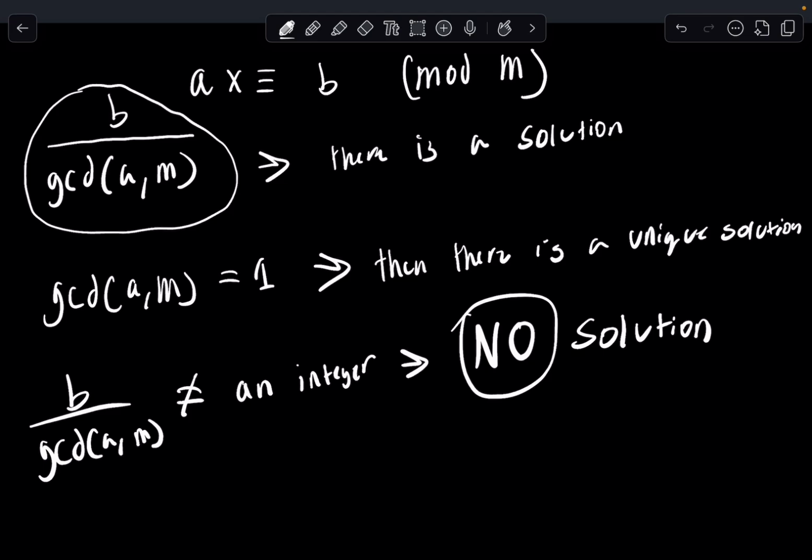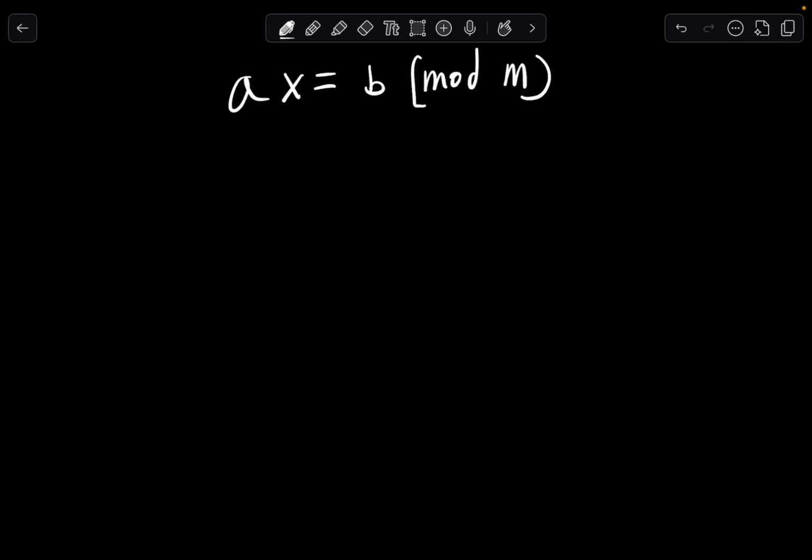Okay, so we're going to go over some examples and talk about how you can solve these problems. We're going to quickly go over some of the methods you can use to solve a linear congruence. One of the first ones, and this method is kind of tedious, is that you can just start to guess and check.